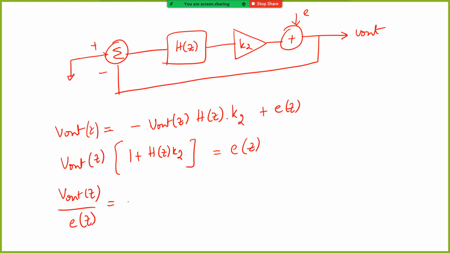Let's just retain it as V out of Z by E of Z. This can be written as 1 divided by 1 plus H of Z into K2. All right, now let's retain this equation.